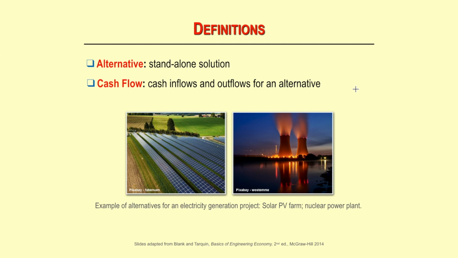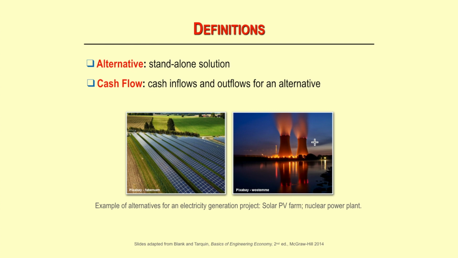Now, the second term is cash flow. Cash flow means movement of cash, and cash could be moving in, as in cash inflow, or cash also could be moving out, as in cash outflow. Cash flows are associated with the alternative that is being considered.